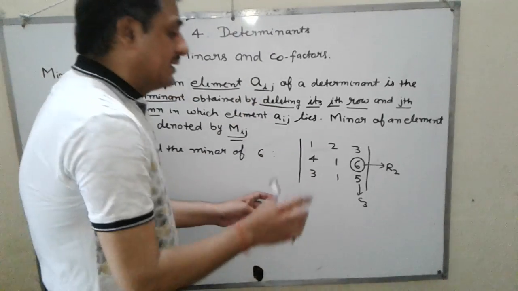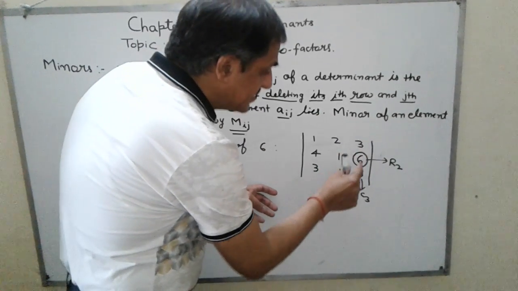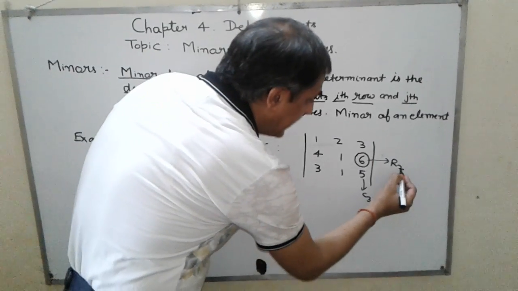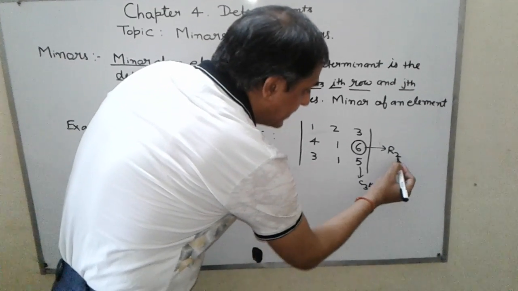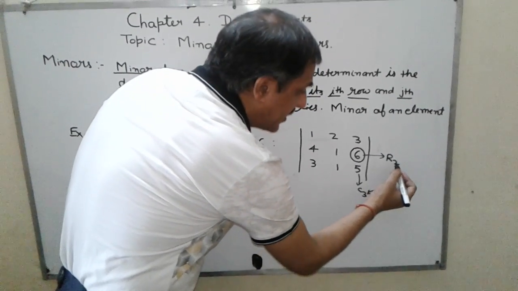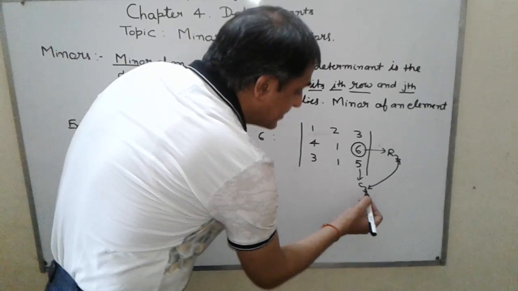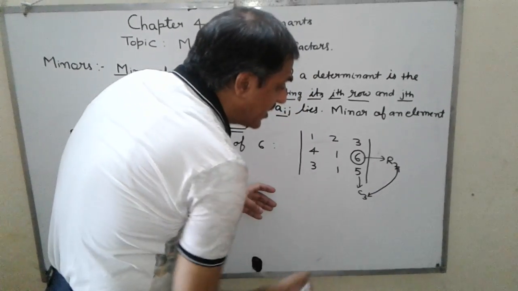It means the position of this element is A23. Here 2 stands for the second row and 3 stands for the third column.